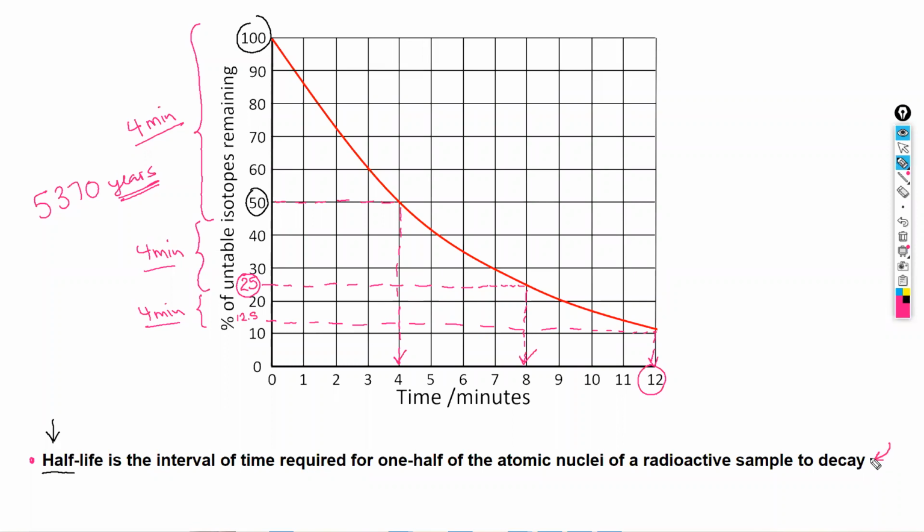Half-life is the interval of time required for half of the atomic nuclei of a radioactive sample to decay. And in case you can't remember what decay means, decay basically means it's shooting out radiation. Decay means you have something and it's either shooting out alpha, beta, or gamma. You get 2 marks for writing back this definition in the CXC exam.